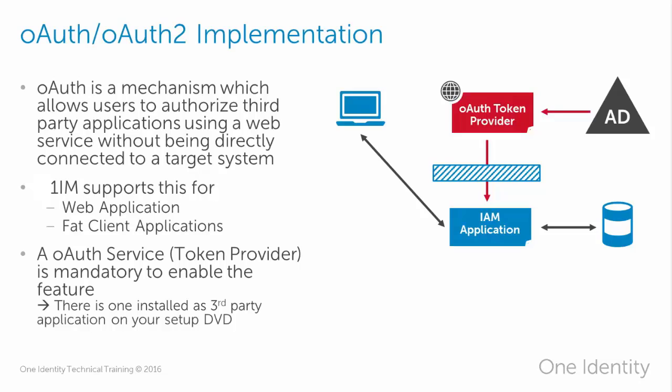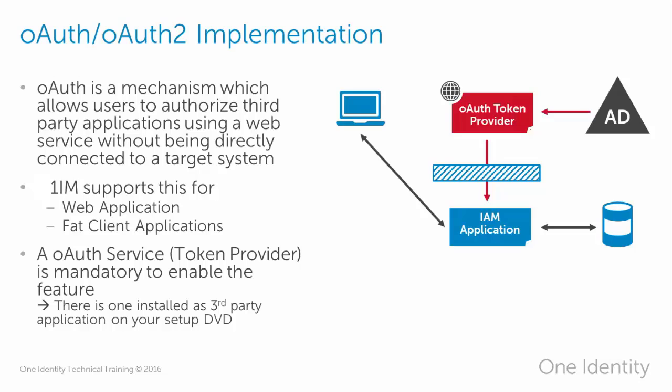In this specific situation, it is very nice to use claim-based authentication and to install somewhere a web service, and this web service at the end will provide a token, and the token is based securely on the target system that stands behind a firewall or something like that.